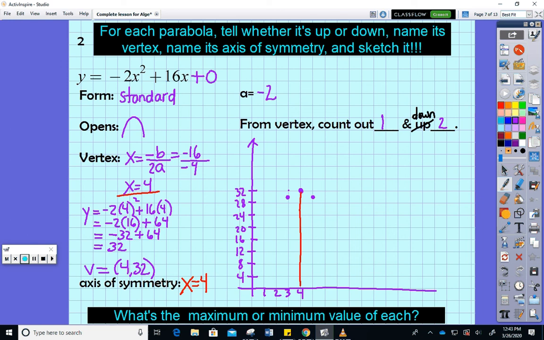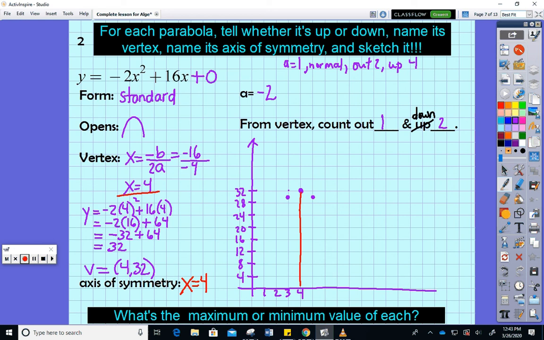Now, here's something else you can think of. If you have A equals 1, remember that's normal. Normally, you also go out 2, up 2 squared, which is 4.